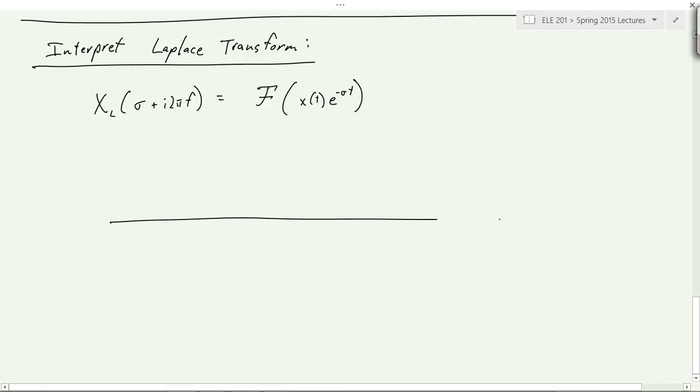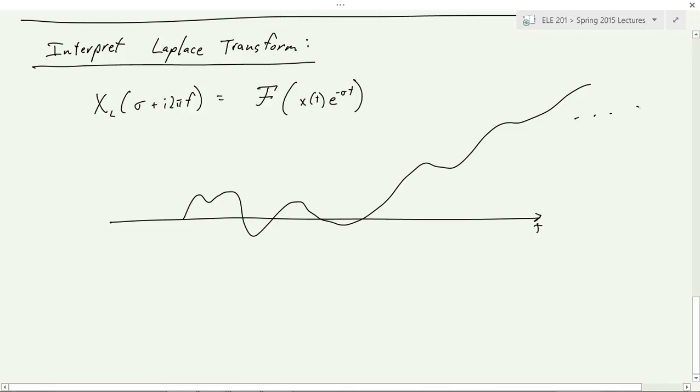So think about this. You have some arbitrary signal that you're trying to analyze. But suppose that it's sort of growing, such that you couldn't do a Fourier transform. It has infinite energy.